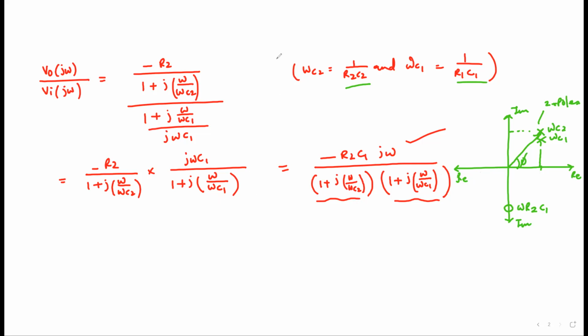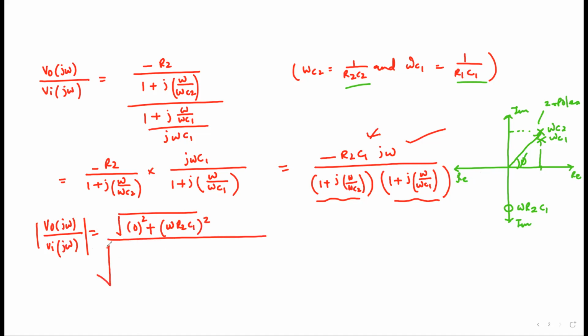So now let's try to obtain the magnitude of this plot. So VO of j omega by VI of j omega. We focus on this equation here. The real part is 0. It would be square root of 0 square plus omega R2 C1 whole square, divided by square root of 1 square plus omega by omega C2 whole square, and again we have a square root of 1 square plus omega by omega C1 whole square.